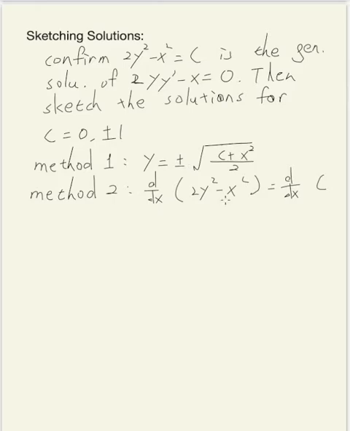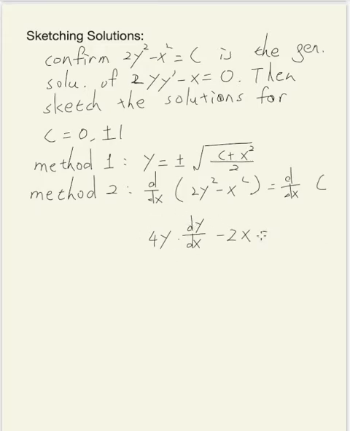Okay, now what's on the left? If we differentiate 2y squared, what do we get? We get 4y times dy dx, right? And if we differentiate x squared, we get 2x. Here we have dy dx because y is a function of x. This is the chain rule.